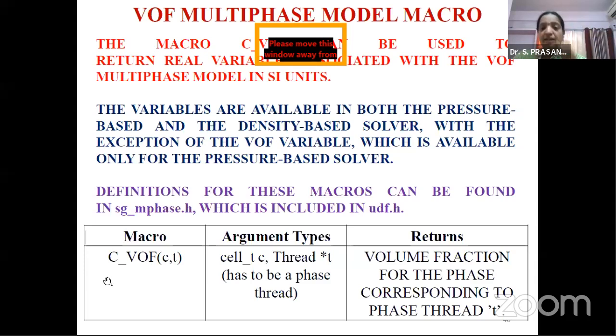So in my study, we have made use of volume fraction because I am interested in plotting the water surface profile. For plotting the water surface profile, as you have seen in the experimental analysis, I will be able to easily measure the upstream side and the downstream side flows.